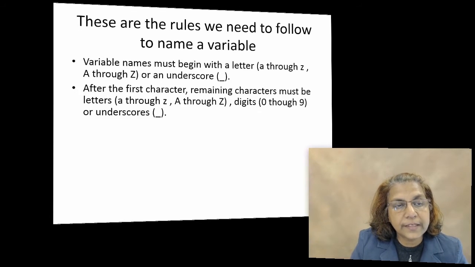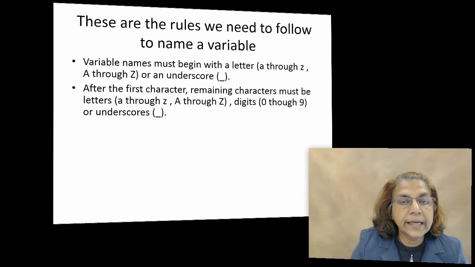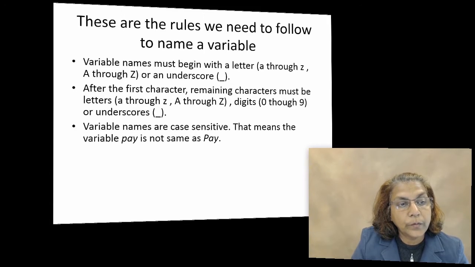And after the first character, the remaining characters must be letters, again either lowercase a through z or uppercase A through Z, or digits 0 through 9 or an underscore. Now variable names are case sensitive in C++.